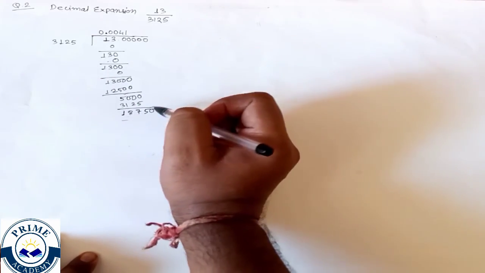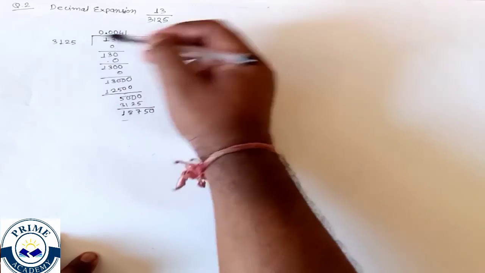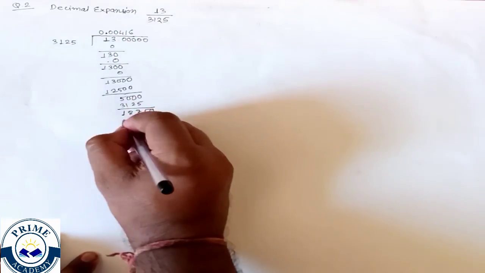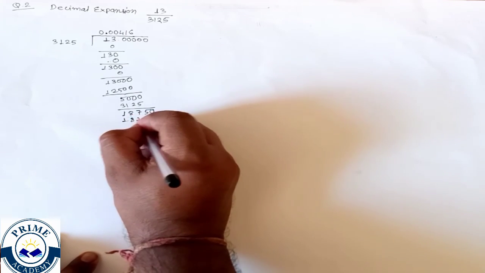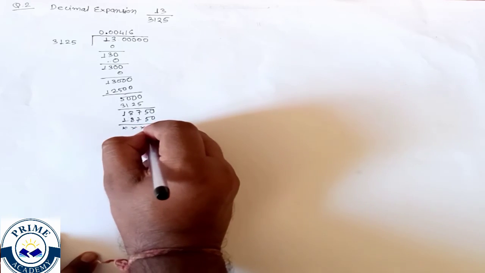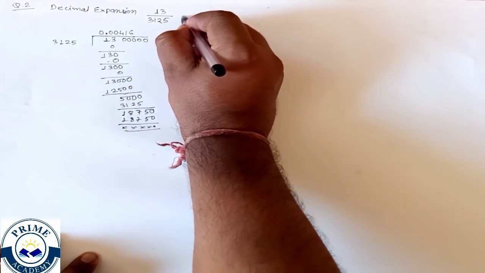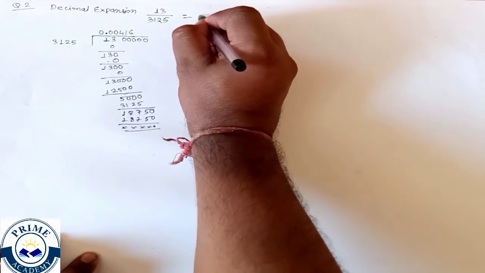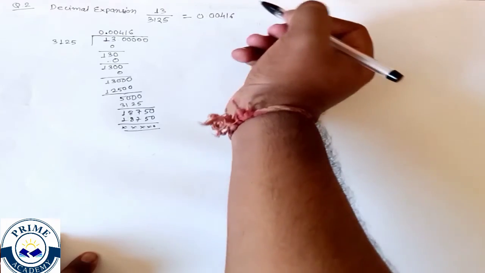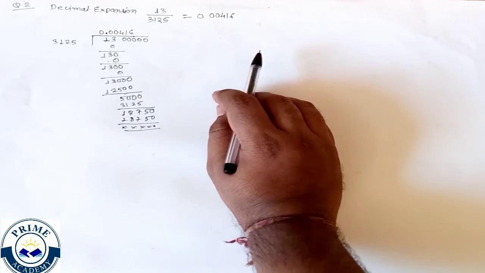Now this one is bigger, and you take 6 over here. 6 into this gives the same thing, and this cancels out, all are 0. Hence it is proved. So the decimal expansion will be 0.00416. Are you getting my points? Now move on to the next question.